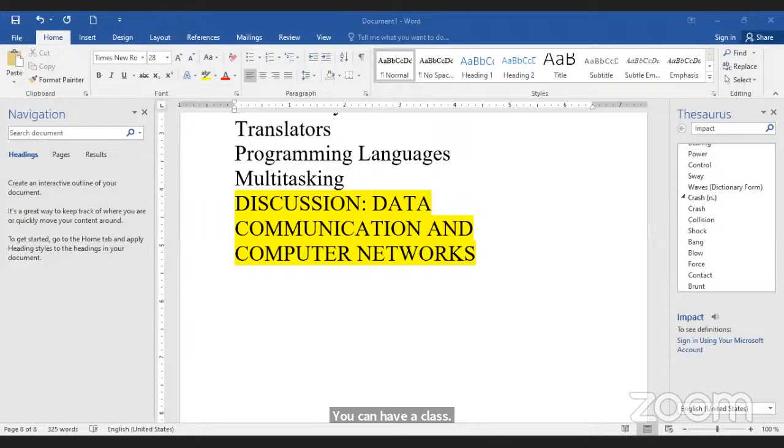Next week, that's on 4th, we shall have a normal class, right? Then on 11th of December, we shall have a normal class.